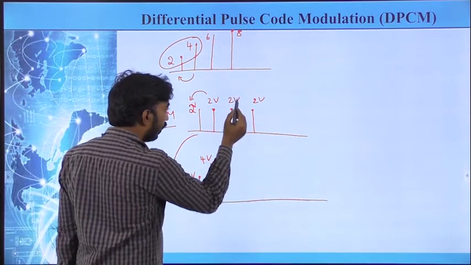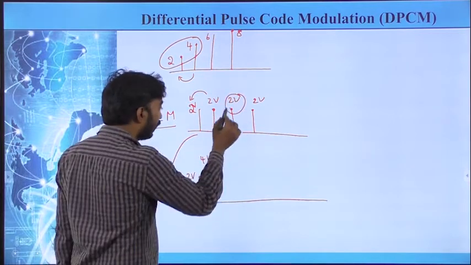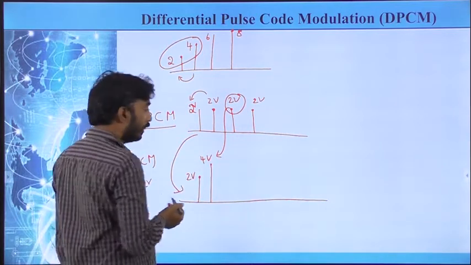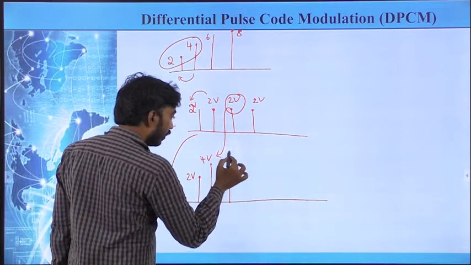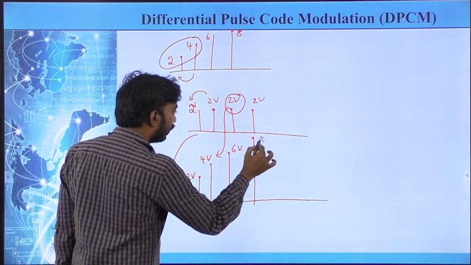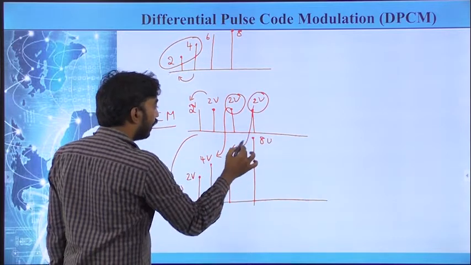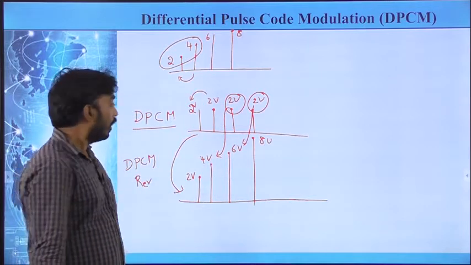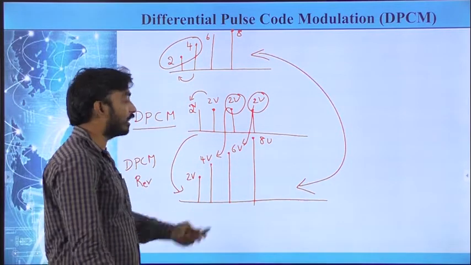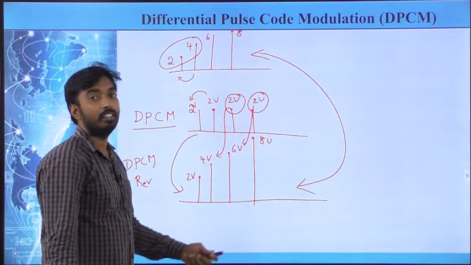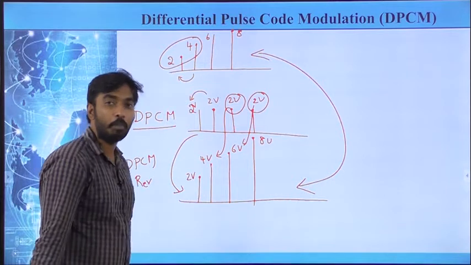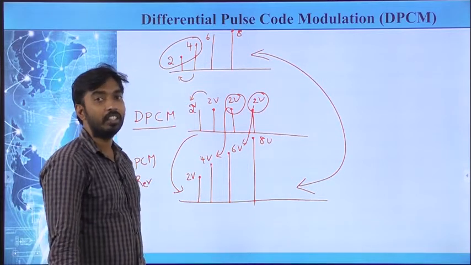And the next sample is added with the previous generated sample, which is 4 volts, right? Now these two samples are the same, so I have reconstructed the same samples without any errors. This I am giving to the low pass filter which generates the continuous signal.